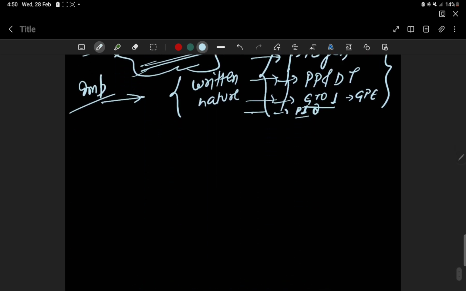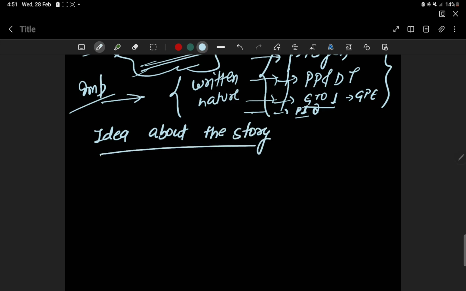Now in the story writing part, while you are thinking about the idea of the story, or you can say the theme of the story, go for the second or third thought, as I told you.